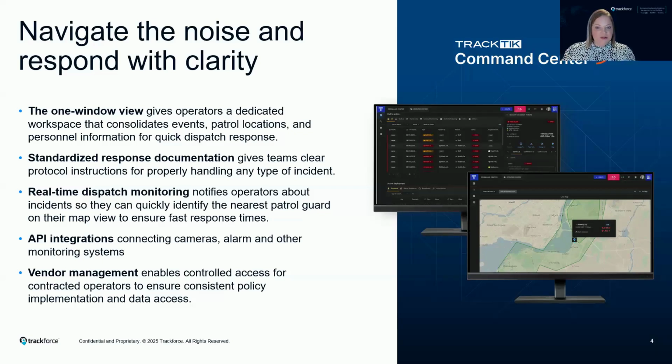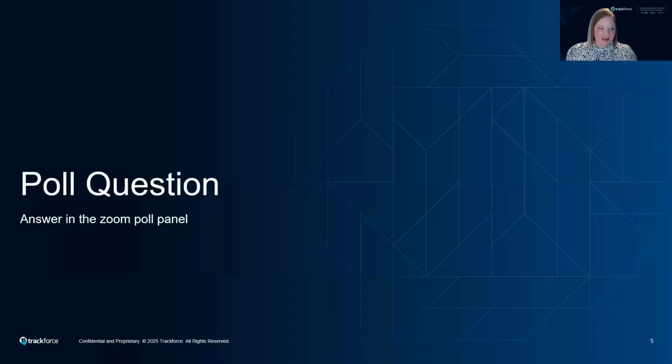We did the poll question, and I know a lot of you answered. I'm not sure if we can launch it again, but that was awesome. I know we got a fair amount of responses, but let's launch it again and see what we can get. What actions create the most friction with your patrol and dispatch operations today? We'd love to hear from you.